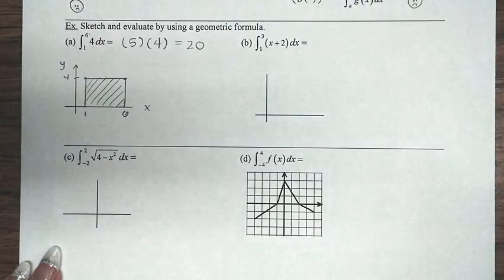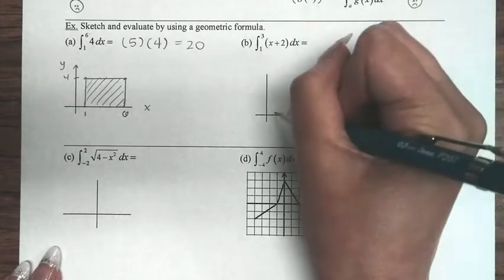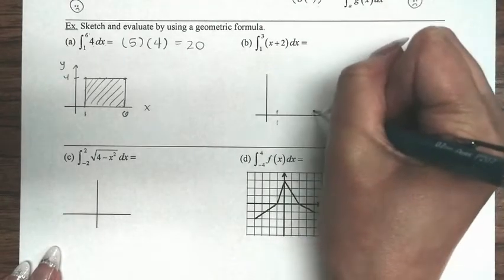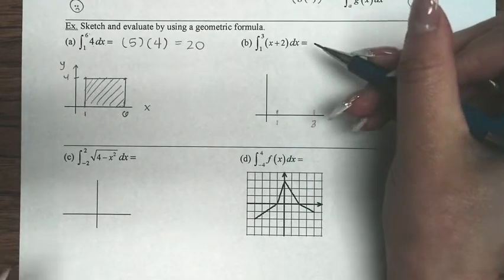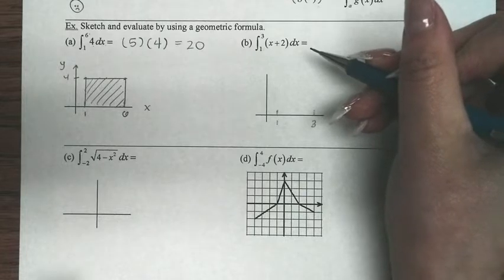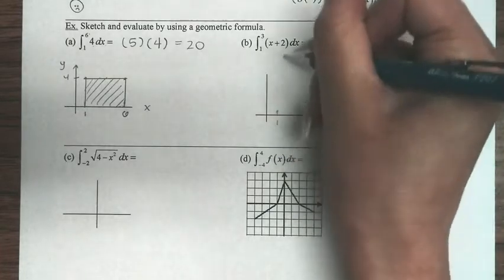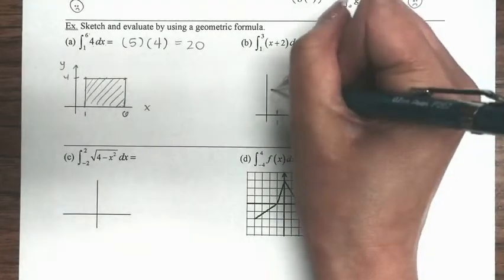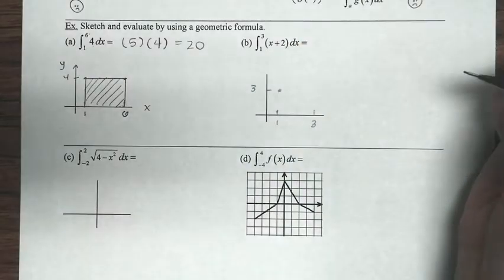Following the same idea, for part B, we can say that here's 1 and here's 3. Your function here, what I think in my brain is that f of x is equal to x plus 2. When I plug in the 1, f of 1 is 3.